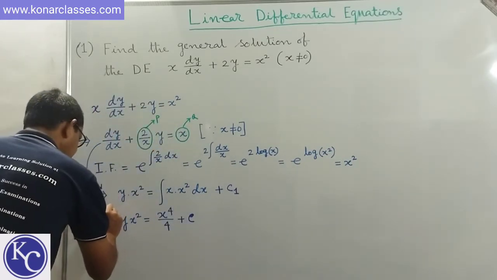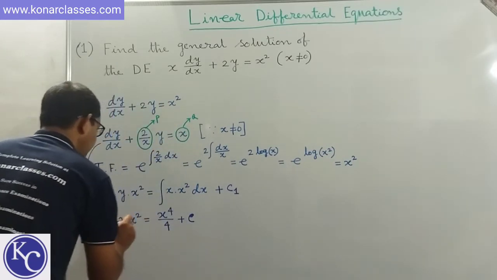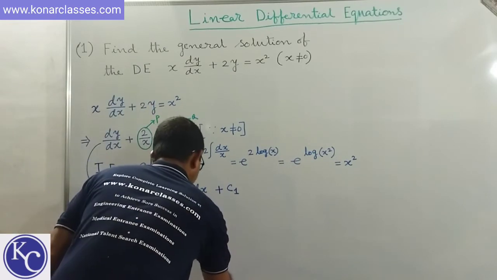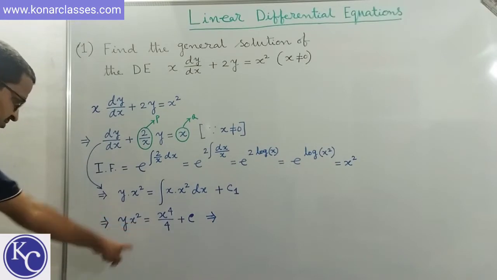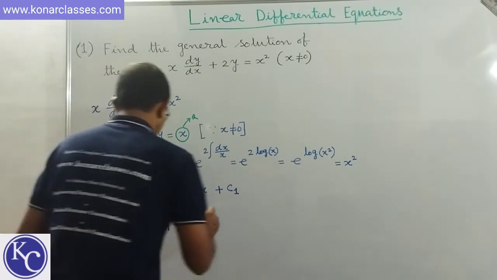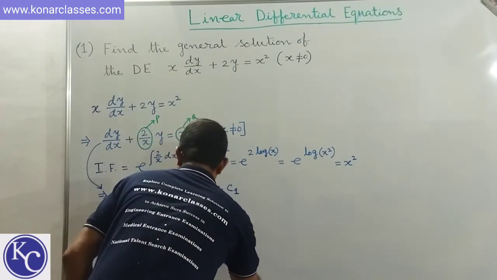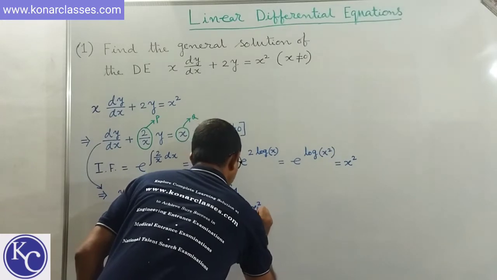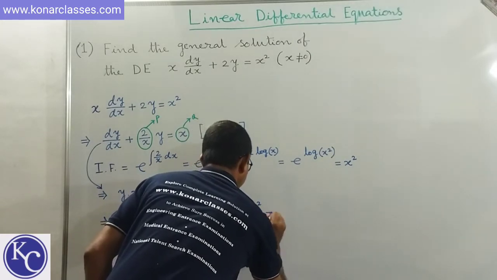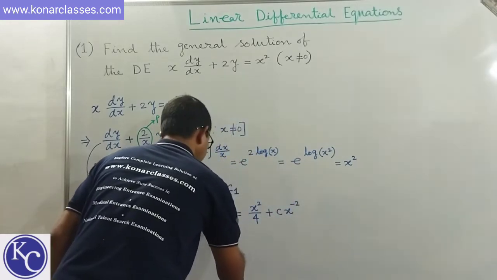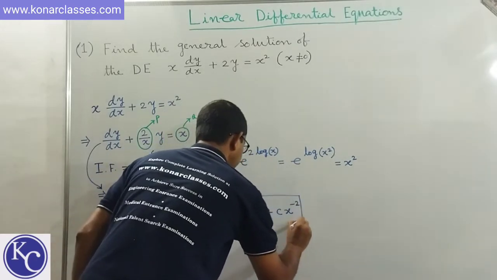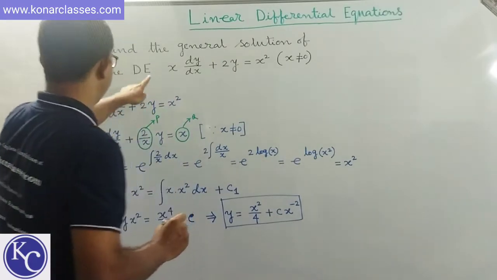Okay, so this is the solution to the differential equation, or you can simplify one step further. This implies if we divide both sides of this equation by x square, we get y equal to x square by 4 plus c into x to the power minus 2. So this is the solution to the given linear differential equation.